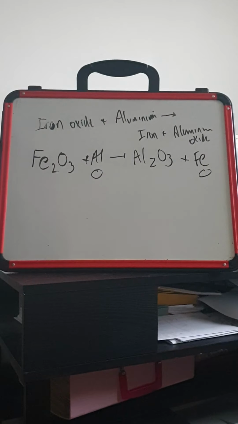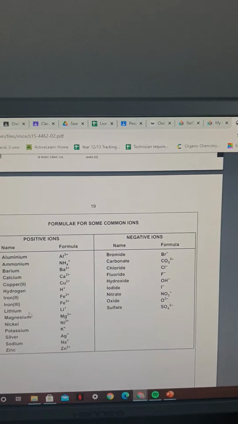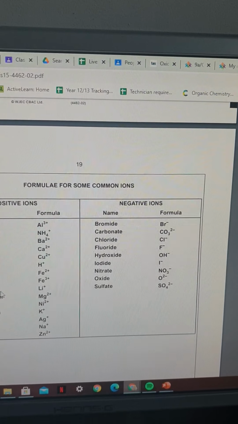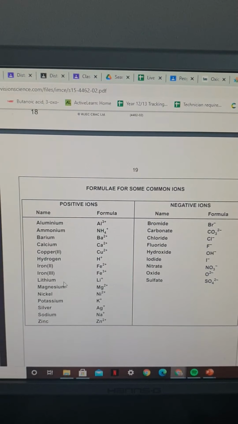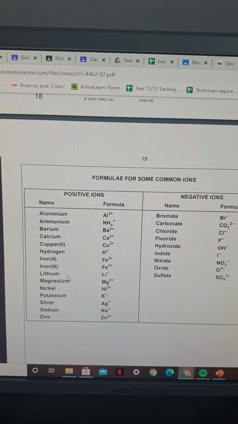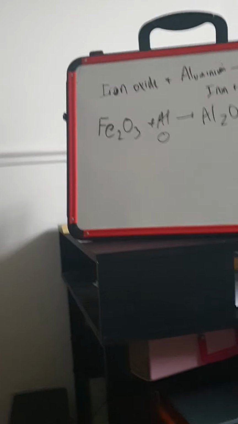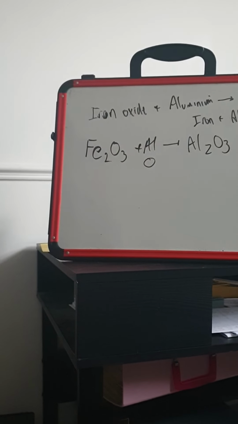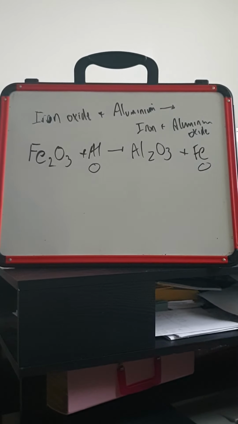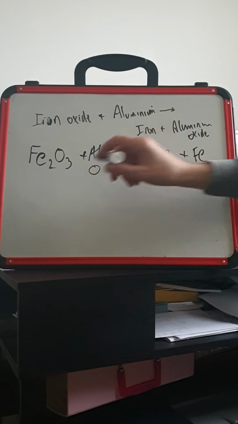I'll quickly show you the formula of common ions and then I'll go back. There's my formula of common ions. As you can see, oxide is O2-, aluminium is Al3+, and iron(III) is Fe3+. Okay, so I'll put that back there. Let me just check it's in the right place. There we go, perfect. So 0, 0.